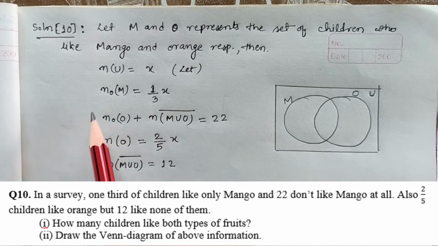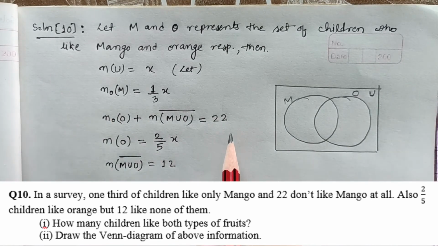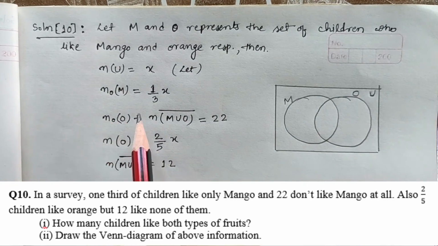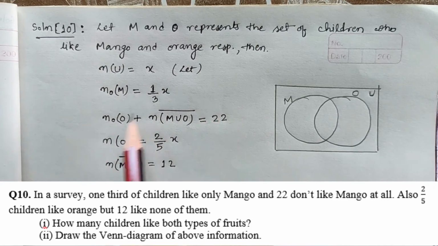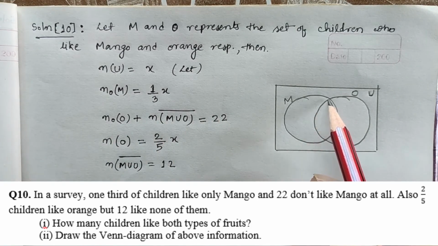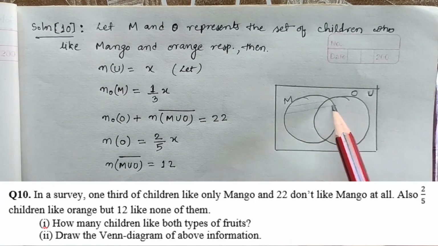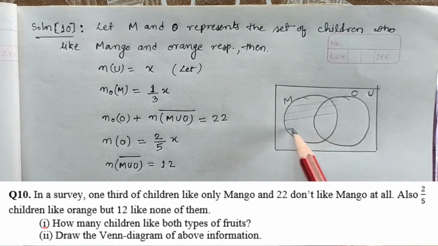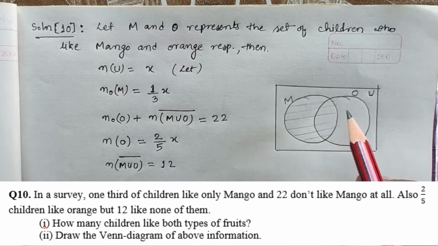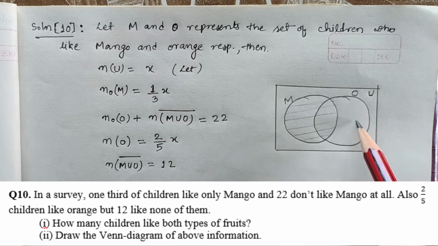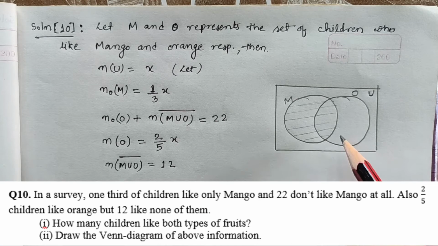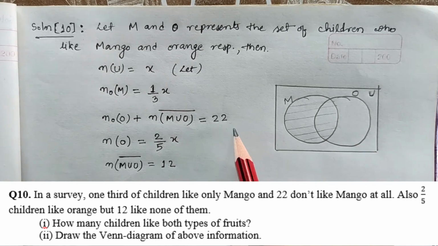When the question says 22 don't like mango at all, this represents the set who like mango. So n only O is this unshaded part of O, and this complement also don't like mango. So these two are added for 22.